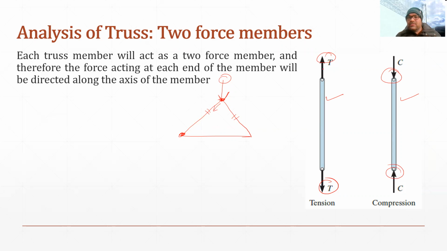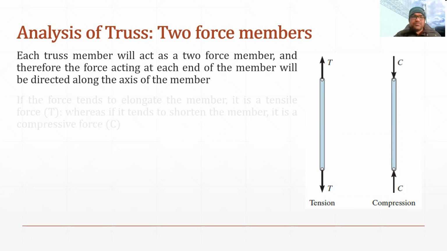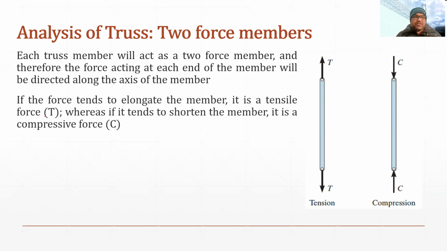That is why they satisfy the condition of a two force member, and that is why they are considered as two force members. Because of this phenomenon that I have discussed here, the member can be either in tension or in compression. So as I have written here, if the force tends to elongate the member, it is a tensile force, whereas if it tends to shorten the member, it is a compressive force.